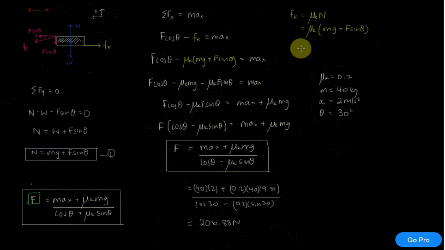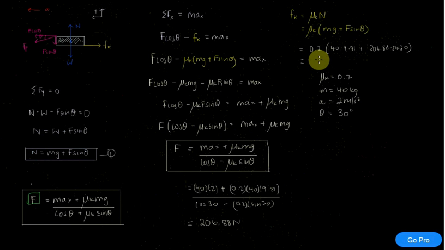So what I want to do next is try and just get an idea of what this frictional force is. So plug in the numbers that I have. It's just 0.2 times 40 times 9.81 plus that force, 206.88 times the sine of 30. I'm just going to do it on my calculator quickly.